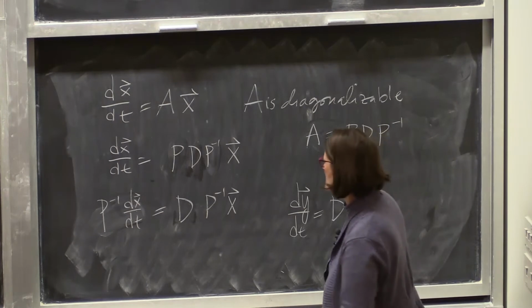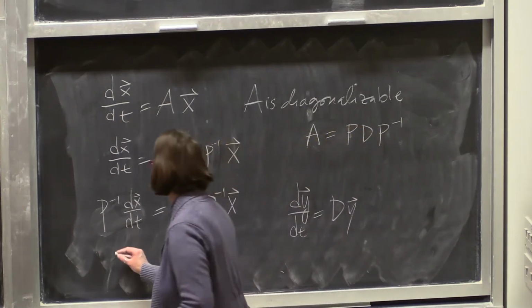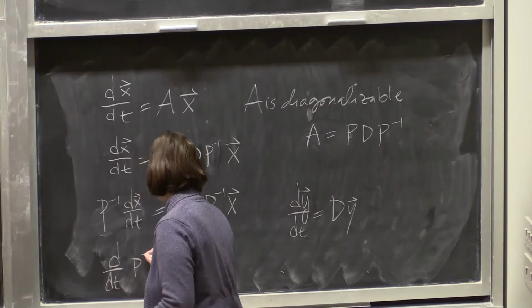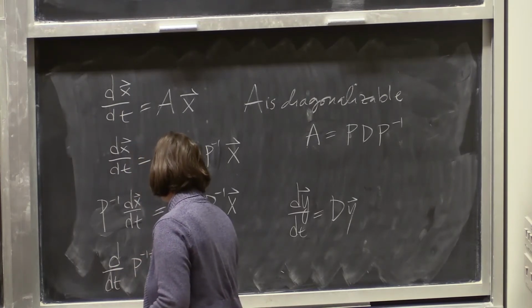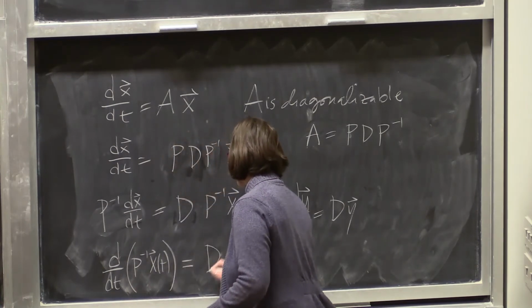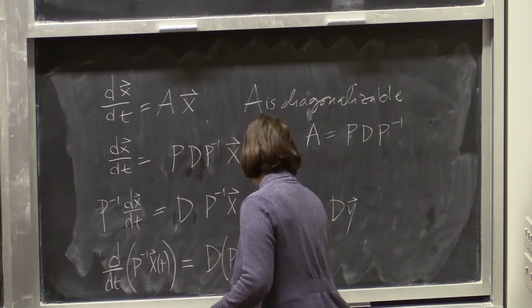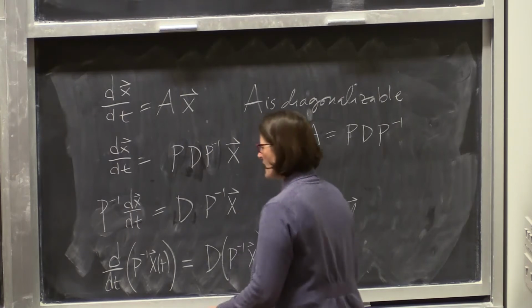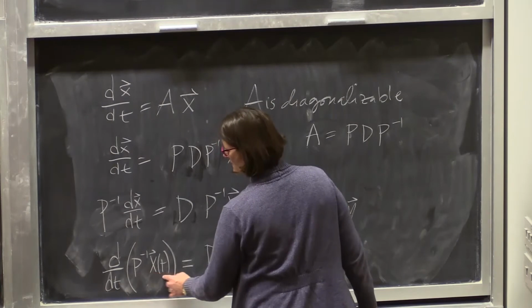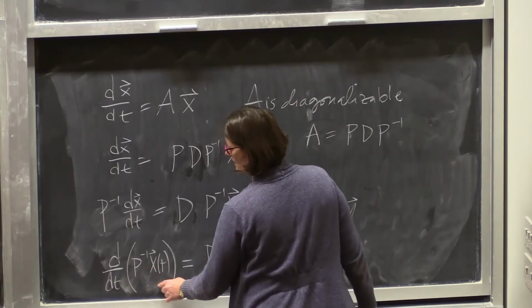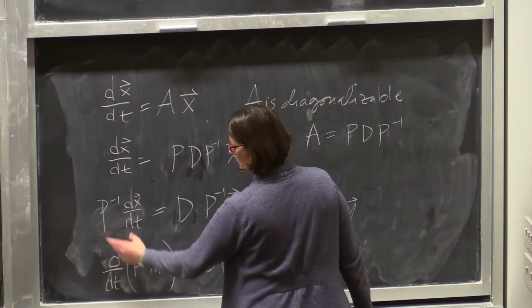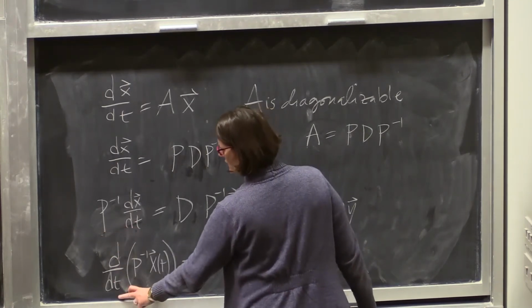So there's one step that you need to check at home, which is that this is true. If you have a matrix times a vector and you differentiate it, as long as the matrix entries are independent of time, you get this. So this is something you can check at home.